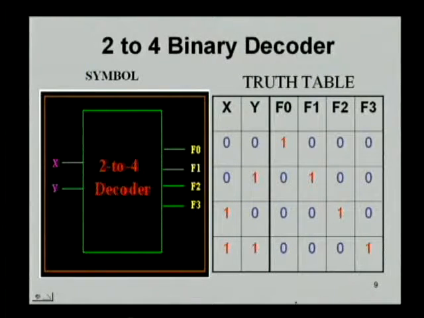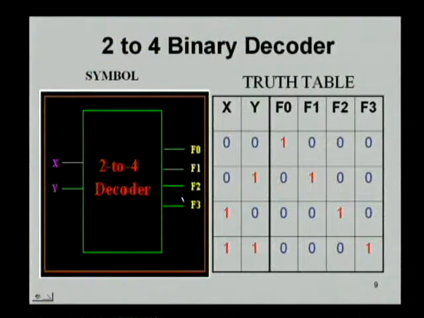Its symbol is as shown here. It has 2 inputs x and y and 4 outputs f0, f1, f2 and f3. As the input changes, one of these outputs will be 1 and other outputs will be 0. At a given time, only one output will be high.